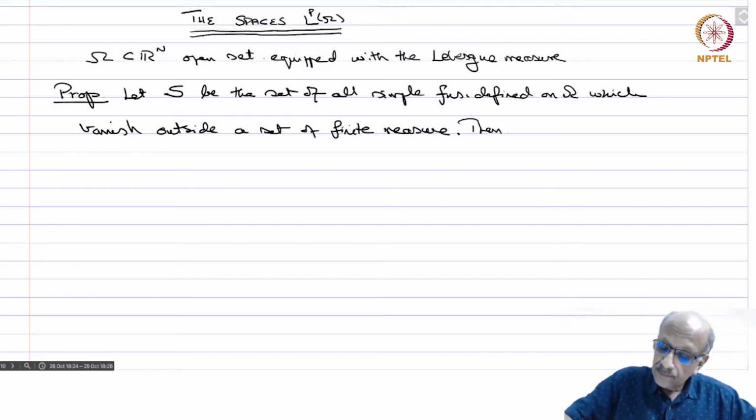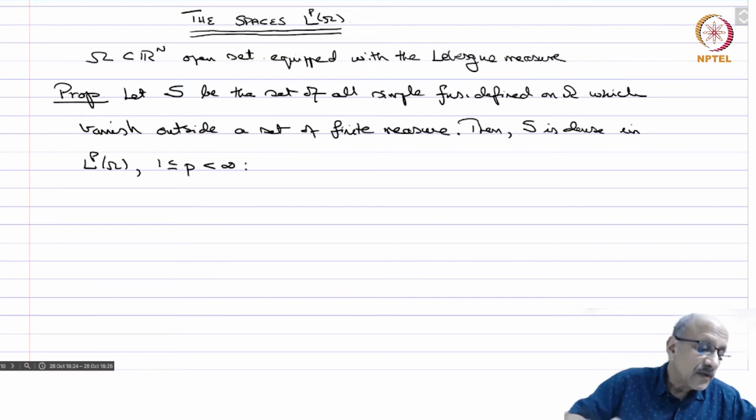Then S is dense in L^p of Ω, for 1 ≤ p < ∞.